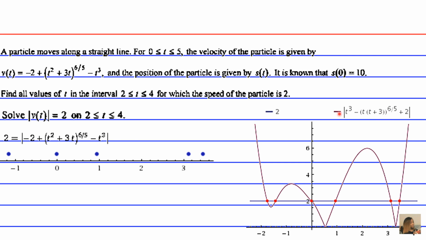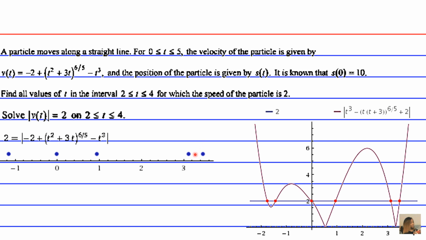Now if you were to isolate a number line, these points here represent these points over here, but we're only concerned with anything from 2 up until 4, which is not written in because we didn't need to go that extreme.